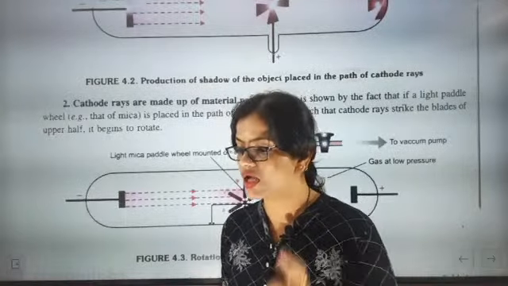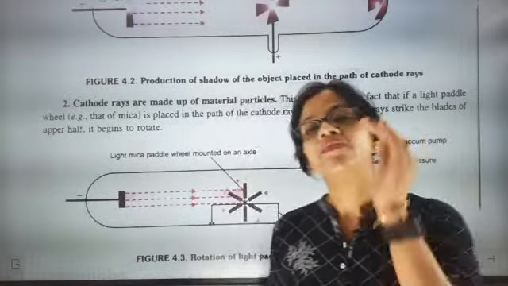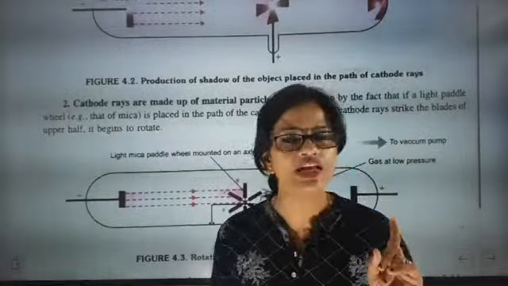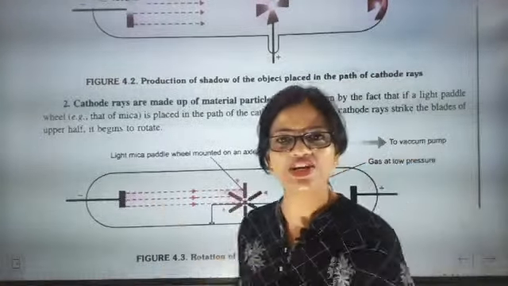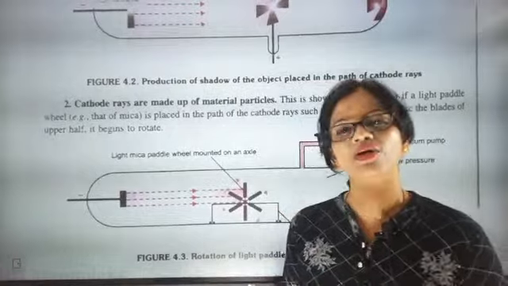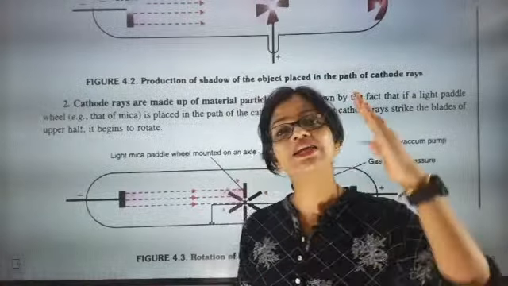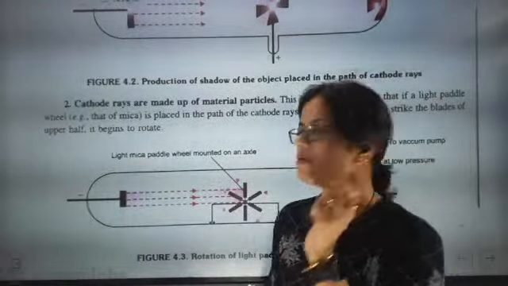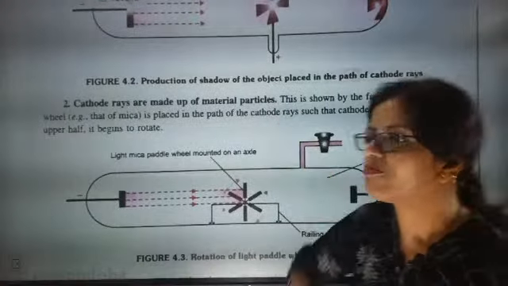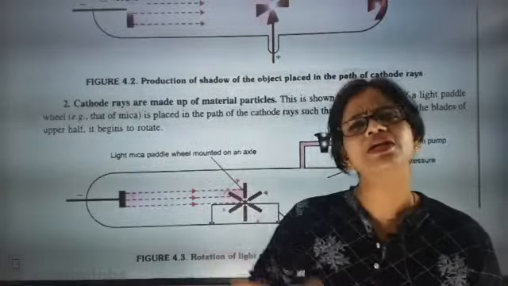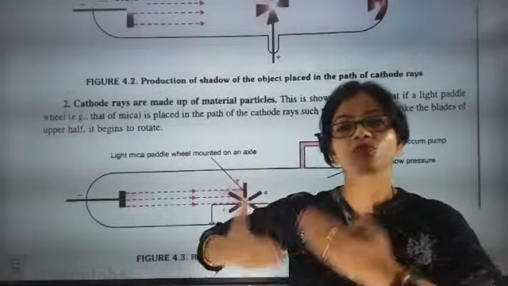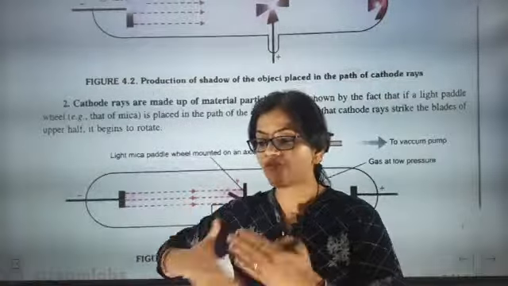We have understood another important point: first we learned that cathode rays move in a straight line, and another important point is that cathode rays are made up of material particles, which are capable of moving the paddles.